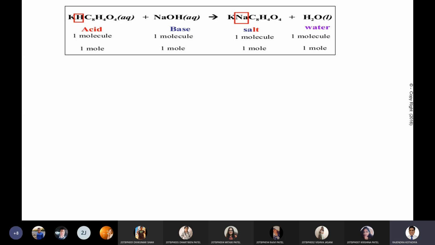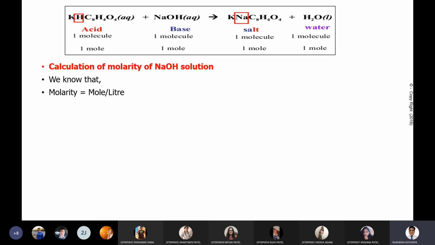So our interest is over here. 1 mole of NaOH is reacting with 1 mole of KHP, or in other terms, 1 mole of KHP is neutralized by 1 mole of NaOH. So now we are going to find out the molarity of NaOH. કેવી રીતે? We knew that molarity is nothing but moles per liter.